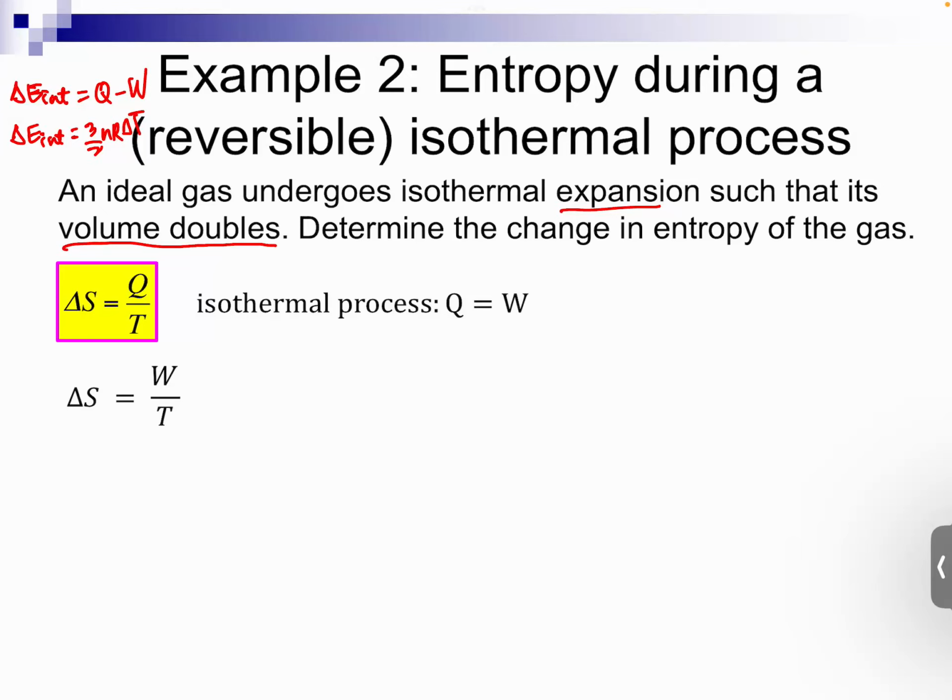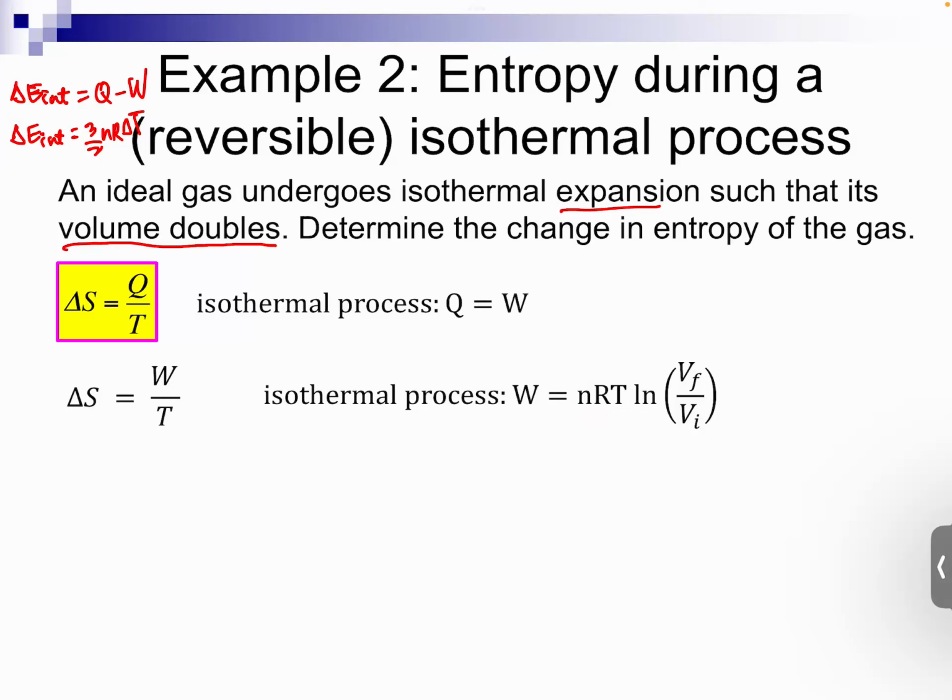Yes, it's the one with Ln, where you had this integral of dV over V, and you ended up with nRT Ln Vf over Vi. So this is the work done in an isothermal process.